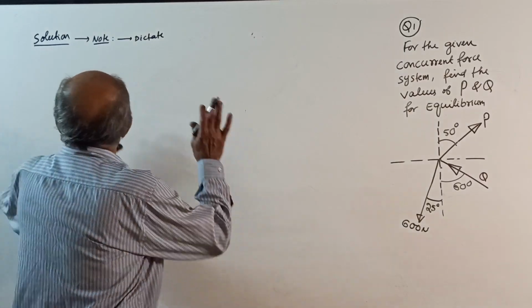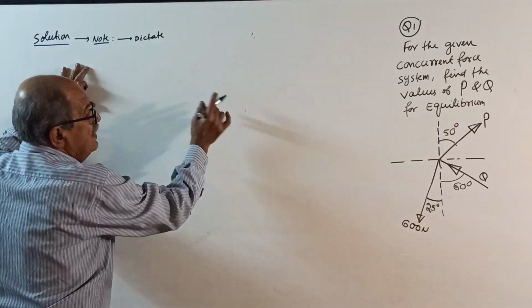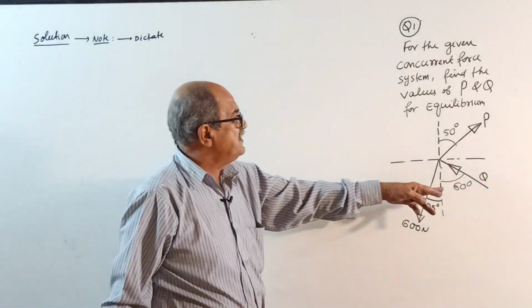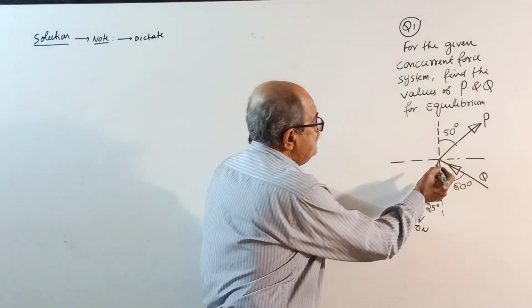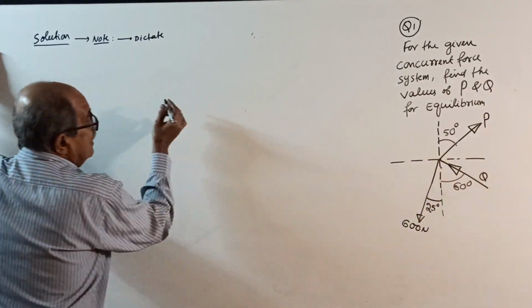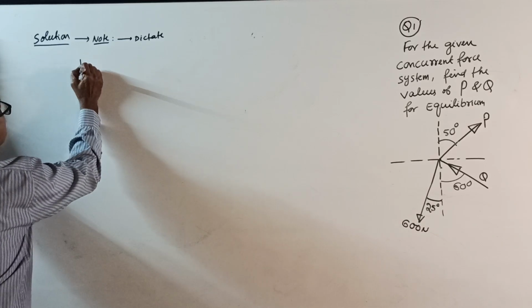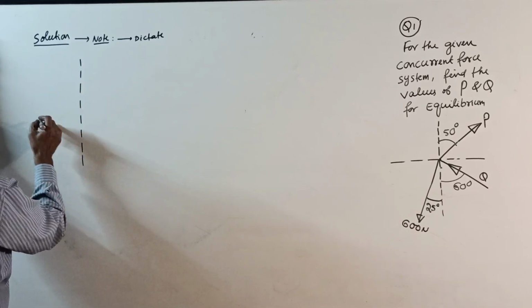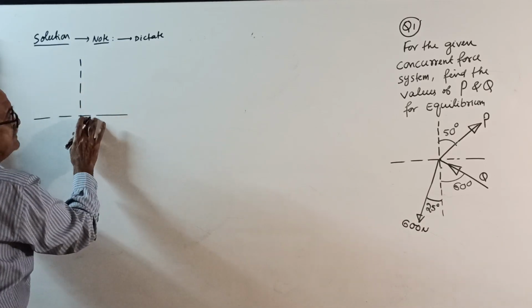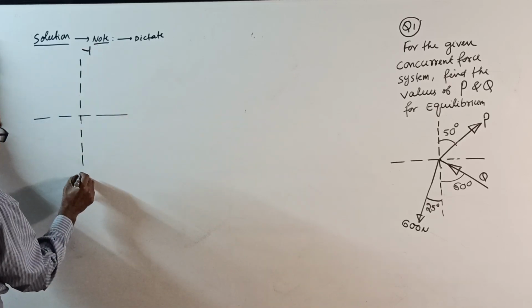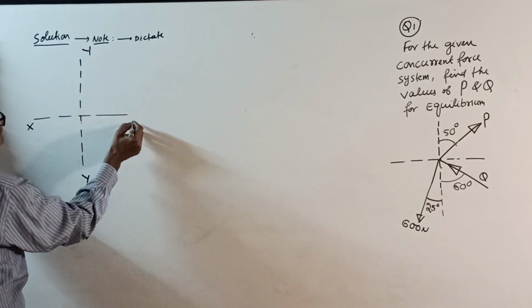Now, before you start solving, see, here no xx, yy, nothing is given. Let the point where all the forces meet be O. Write that here. Through O, consider yy and xx.